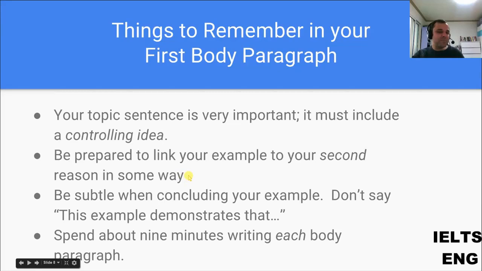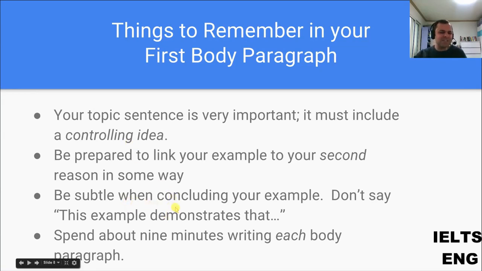I'll talk about that more in a minute, but basically be prepared to have a connection between the body paragraphs, and the connection will be the example. There'll be some sort of similarity or comparison or connection between the examples you're using in each of the body paragraphs.